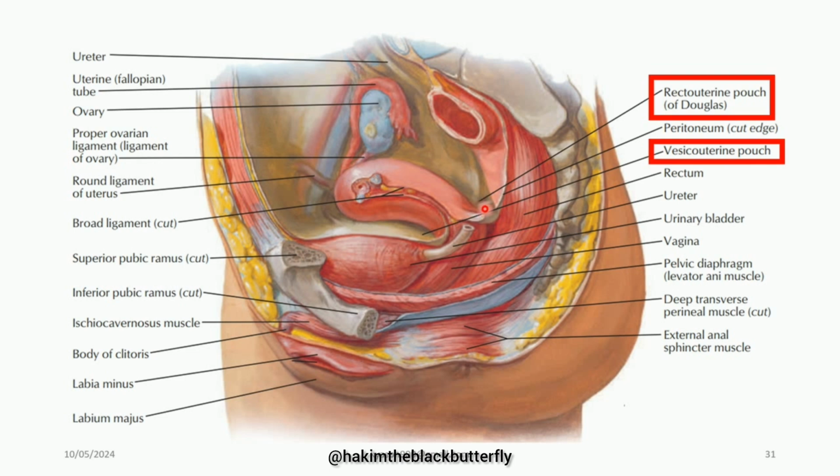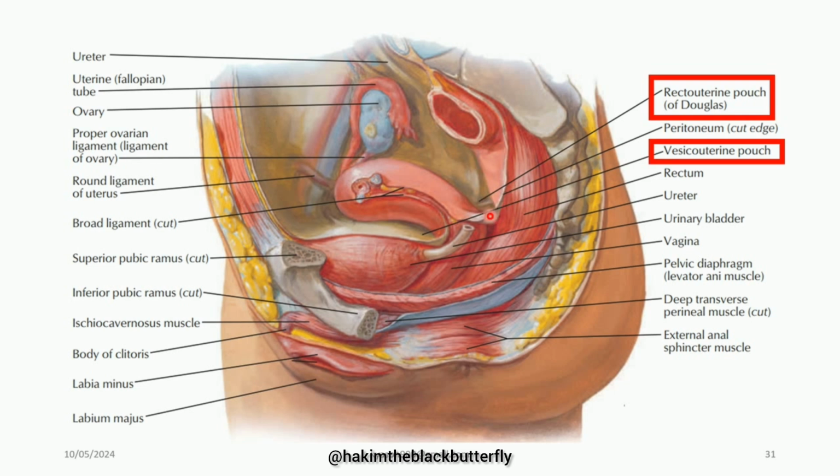Normally they contain some fluid because they are continuous with the peritoneal cavity, and usually whenever ladies go into their cycles, there'll be some more fluid because of the ovulation that goes on. There may be some fluid that may leak into this space, which is normal, okay, because of the ovulatory cycles.